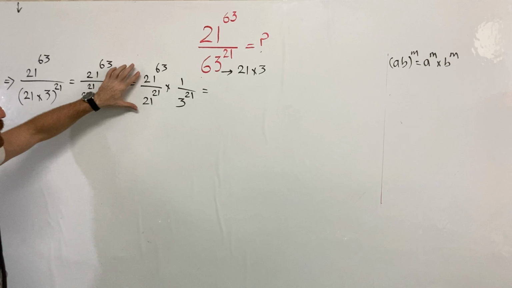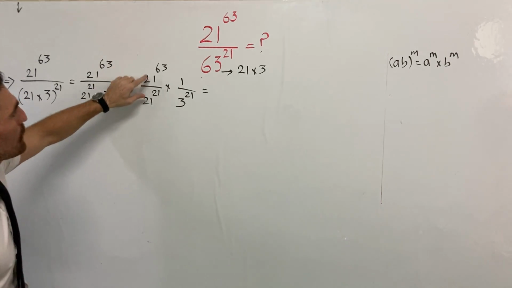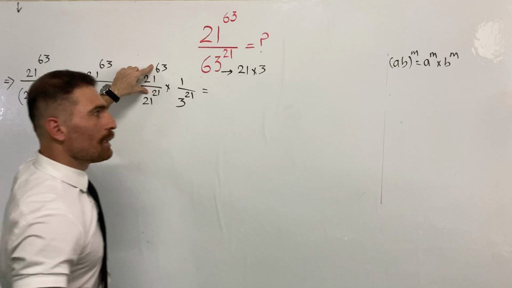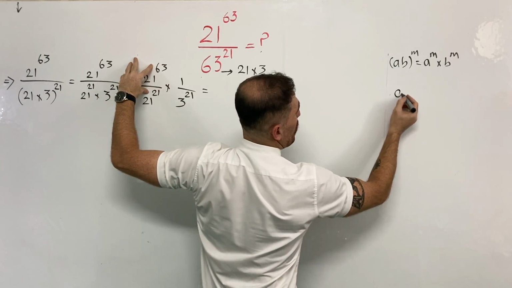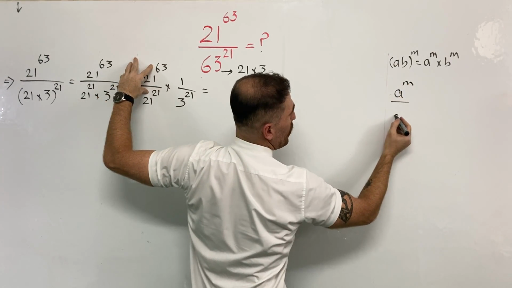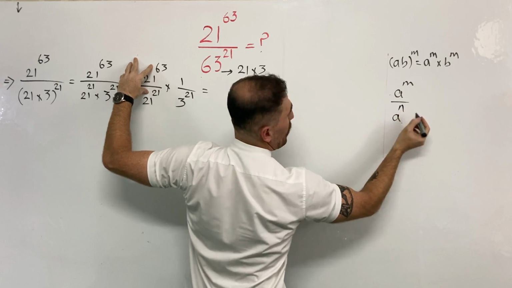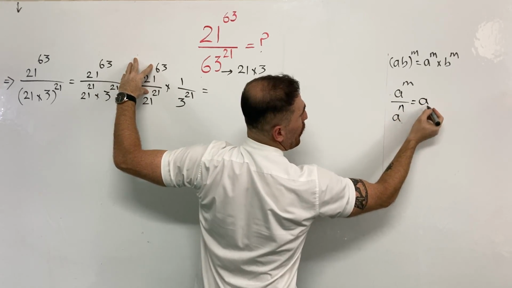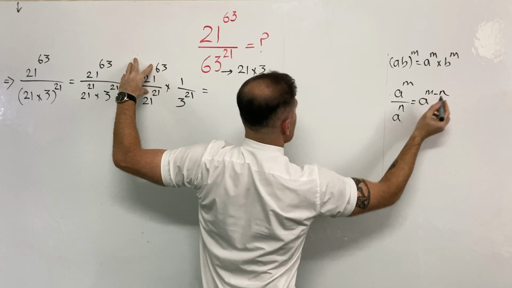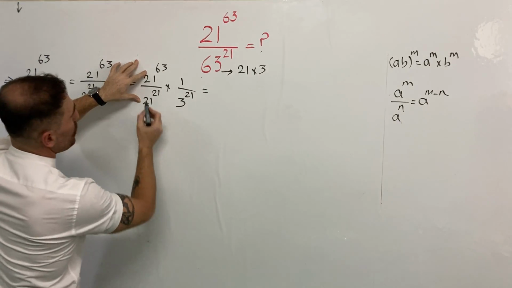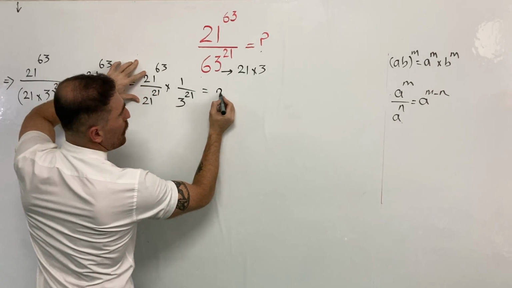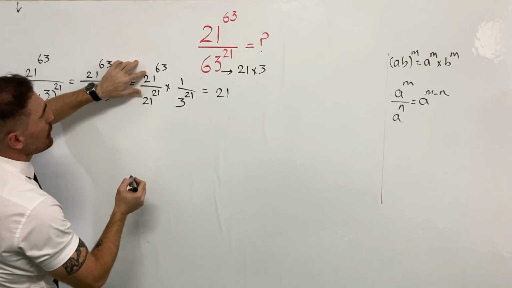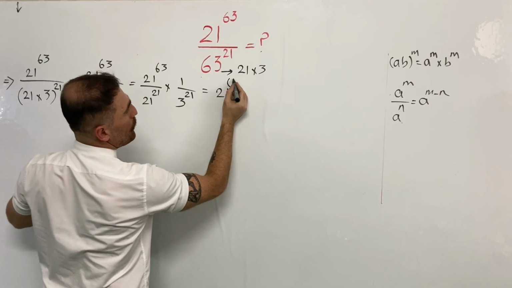Let's see what happened. Now what do we have? Same base, different exponent. Next exponential rule says a to the power of m over a to the power of n can be written in the form of a to the power of m minus n. So it is going to be 21, same base, and I write one base, 63 minus 21.